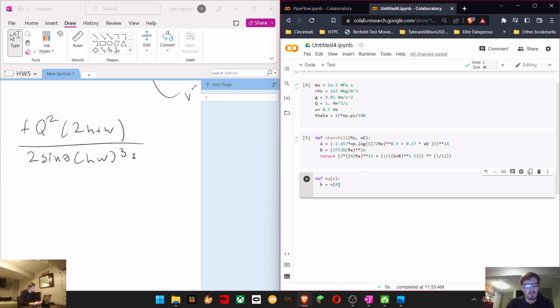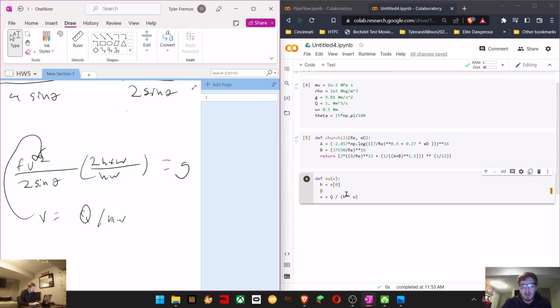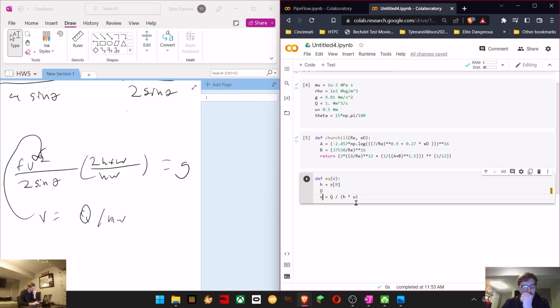We'll start with the volumetric flow rate, where Q is equal to V times H times W. Rather, the velocity will be V equals Q over HW, because we're going to use it to calculate the Reynolds number and avoid some extra math.